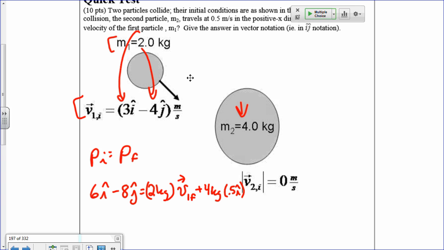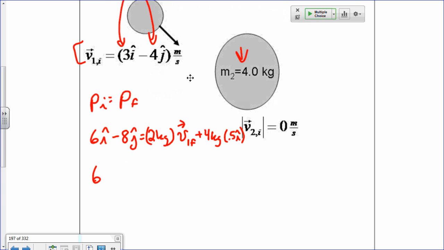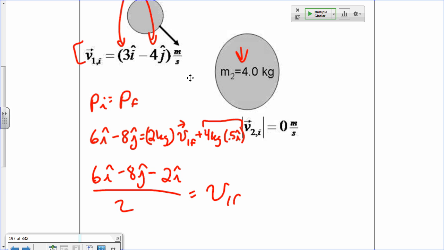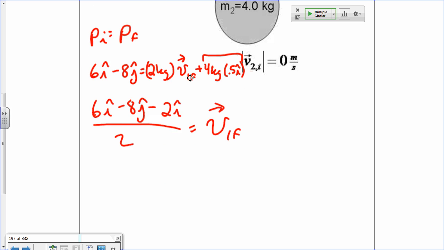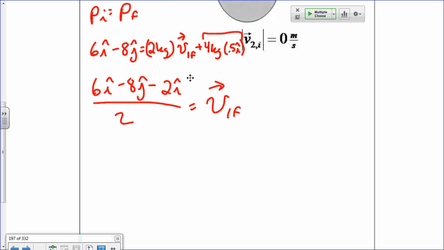Alright, so I have 6i minus 8j minus 2i. That's just subtracting this term from both sides. Divided by 2 equals v1f. That's going to be 4i minus 8j, which is 2i minus 4j when I divide by 2.